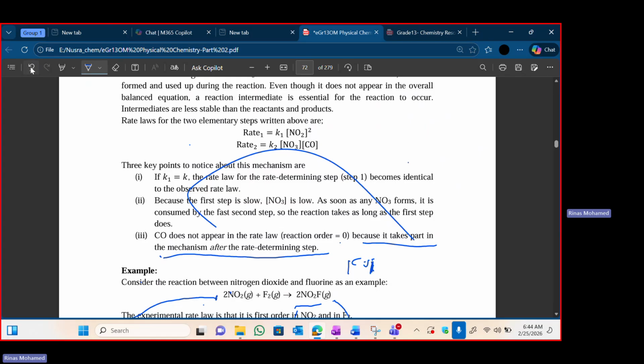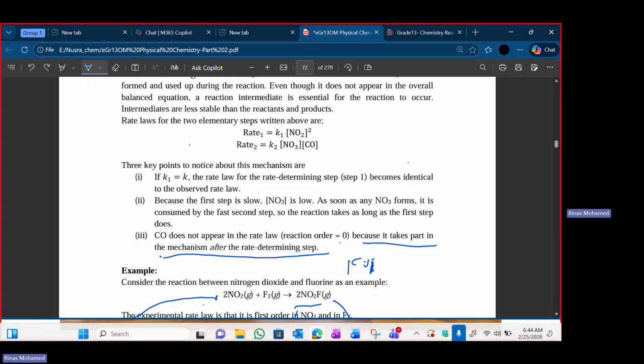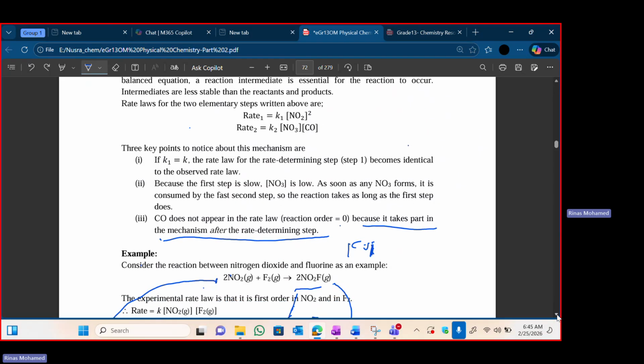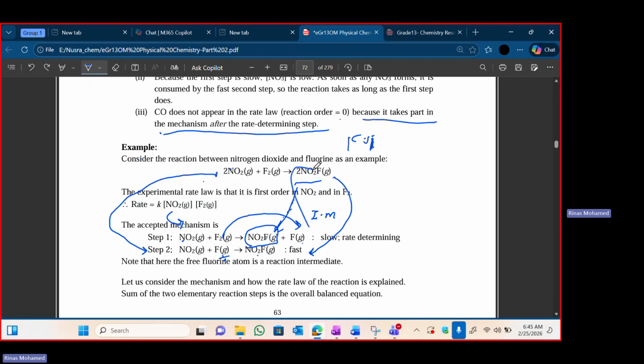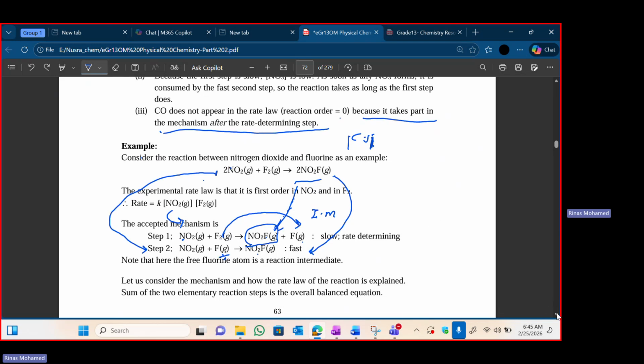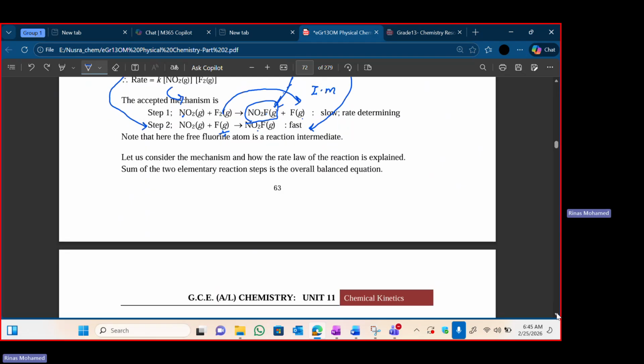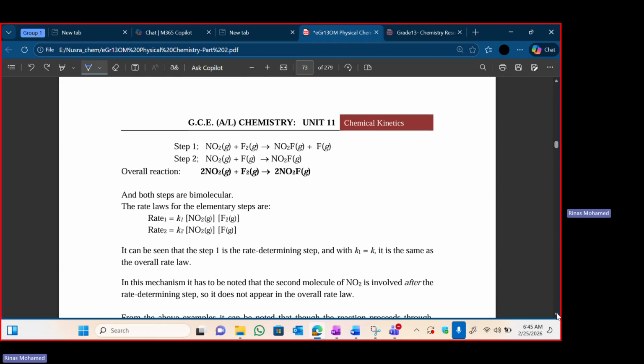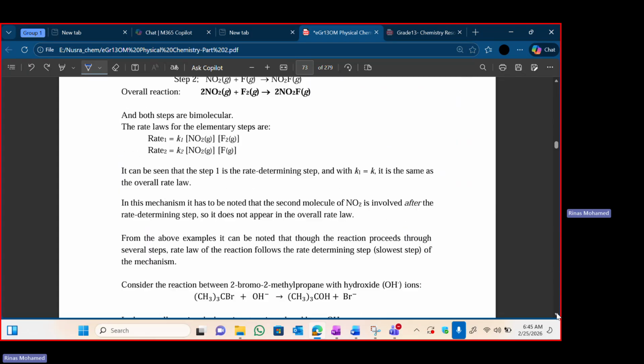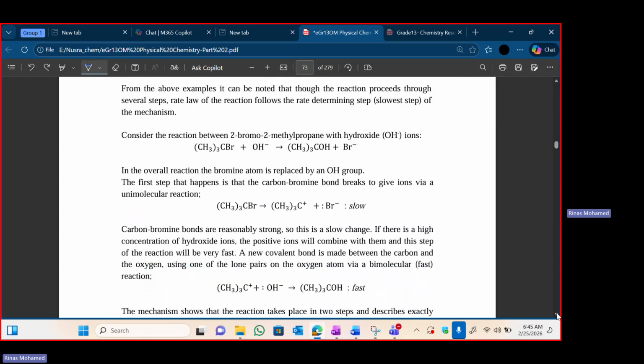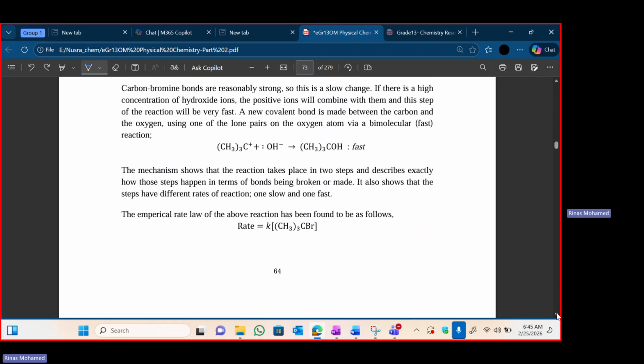And for the second question, NO2 and F2, they are giving the net reaction, and the rate law they have given you. Using that, you are writing the mechanism, right? And another reaction or example is also there. You can also go through that one and you can find out what I am explaining here.